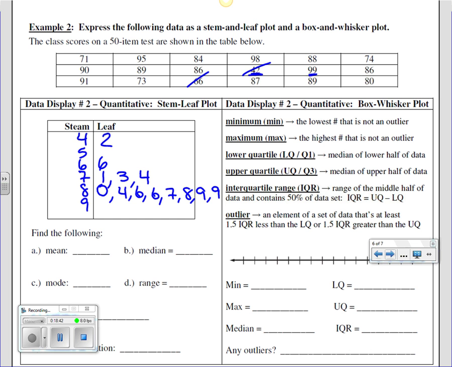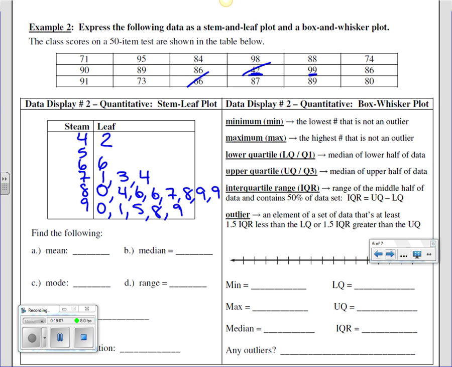Any in the 90s? What are they? 90, so I'll put a 0. 91, 95, 98, and 99.